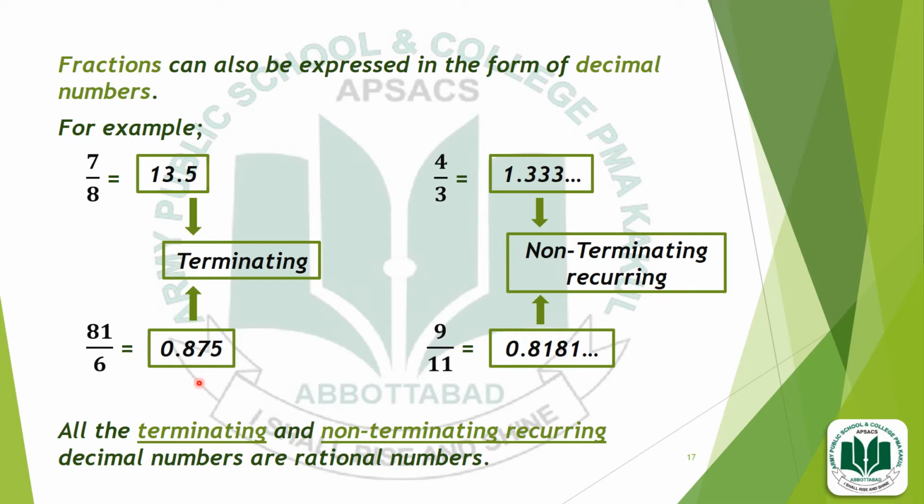We can see that both 13.5 and 0.875 are terminating decimals. And 4 by 3 can be written as 1.33 and so on, and 9 by 11 as 0.8181 and so on. We can see that both these decimals are non-terminating.